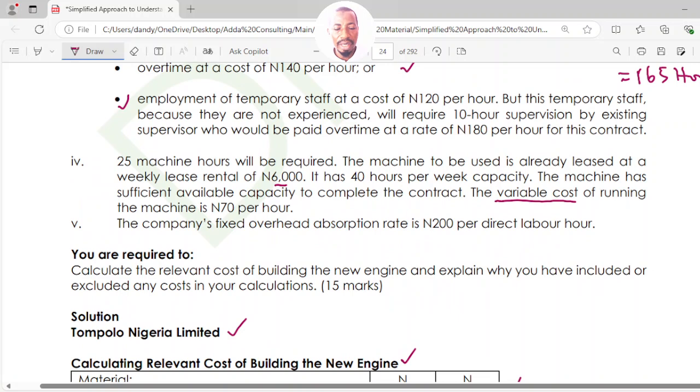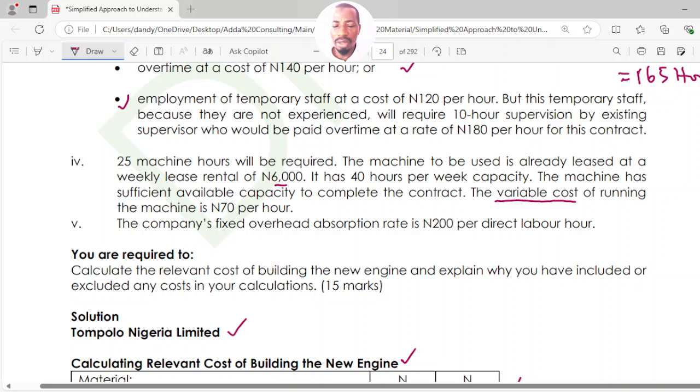in requirement number 4, you are told that 25 machine hours will be required. The machine to be used is already leased at a weekly lease rental of 6,000. That 6,000 naira is a committed cost and therefore irrelevant. It has a 40 hours per week capacity. The machine has sufficient available capacity to complete the contract.